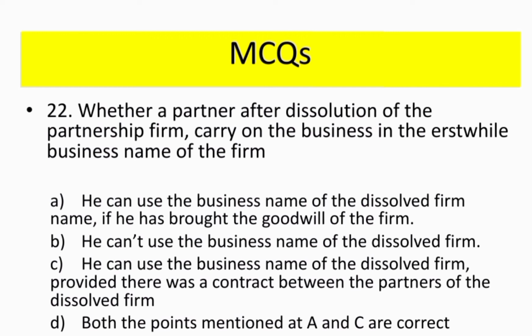So the correct option is D. Both the points mentioned in option A and option C are correct. That means he can use the business name of the dissolved firm if he has bought the goodwill of the firm, and provided there was a contract between the partners of the dissolved firm.